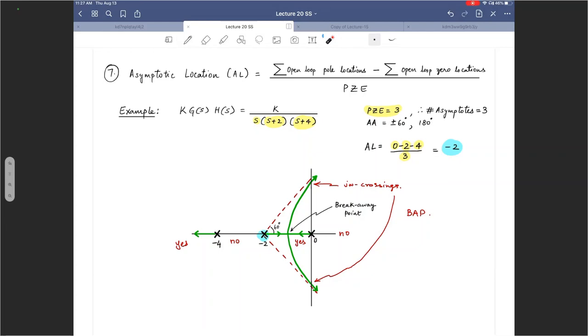So the breakaway point can be useful to figure out when the system becomes underdamped and critically damped, right? We can find that out using the breakaway point. And what would you find out using the j omega crossings? Would you ever be interested in the j omega crossing?